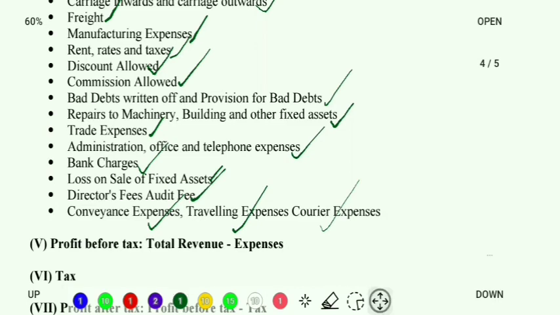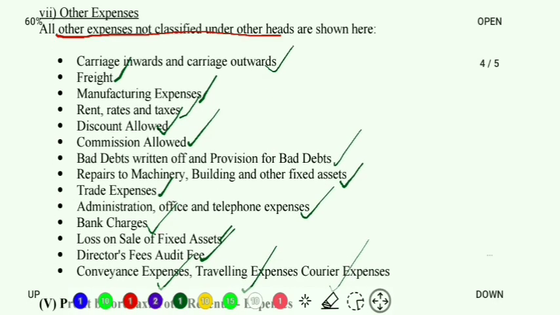So these are the whole list of expenses which come under the heading of other expenses.